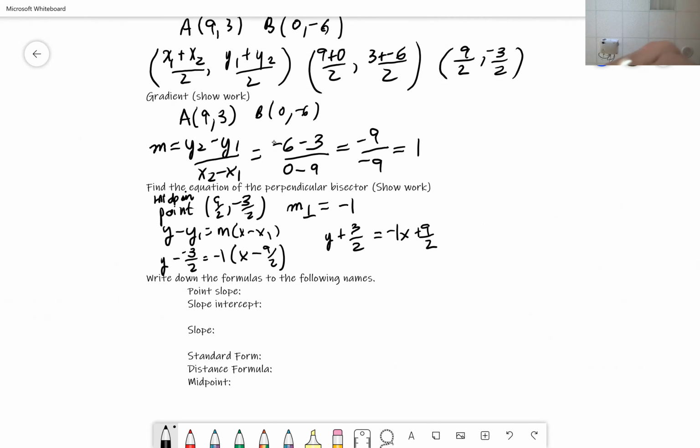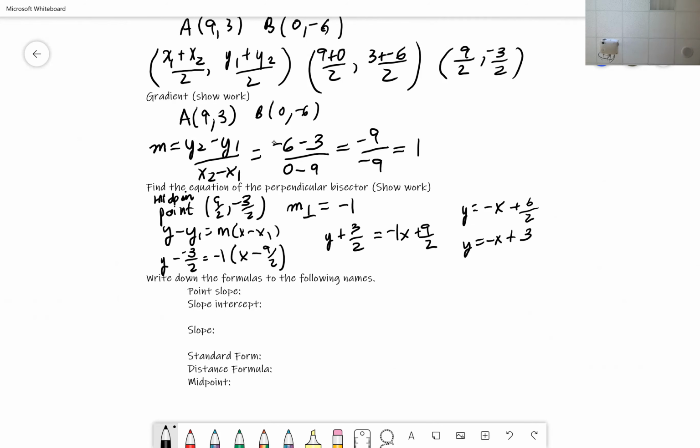So now you have y equals -x plus 6/2. So you have y equals -x plus 3.